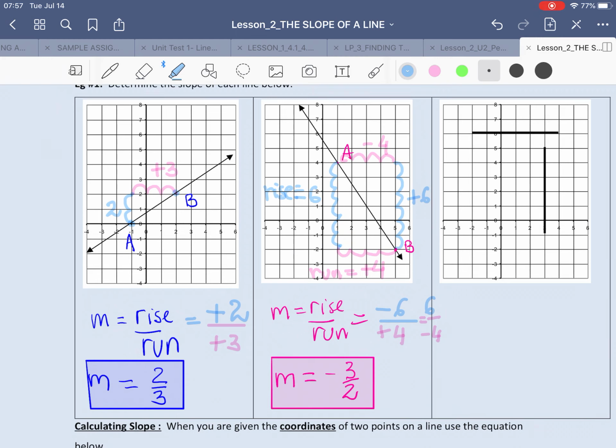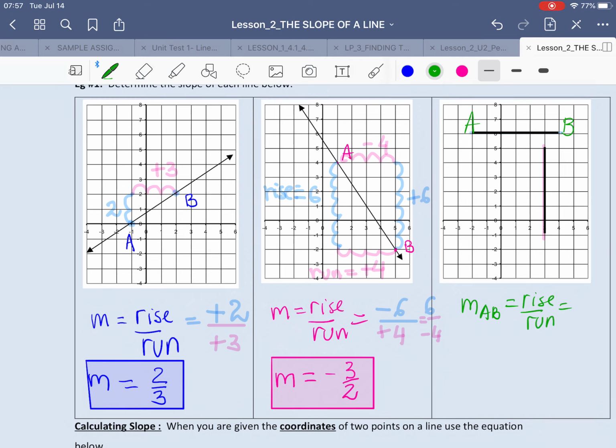The next example is the example of a horizontal and a vertical line. So here goes a horizontal line, and here's a vertical line. In horizontal lines, I'm going to pick 2 points again. I'm going to go point A and B here. And to go from A to B, I would say that I need to rise and then run.